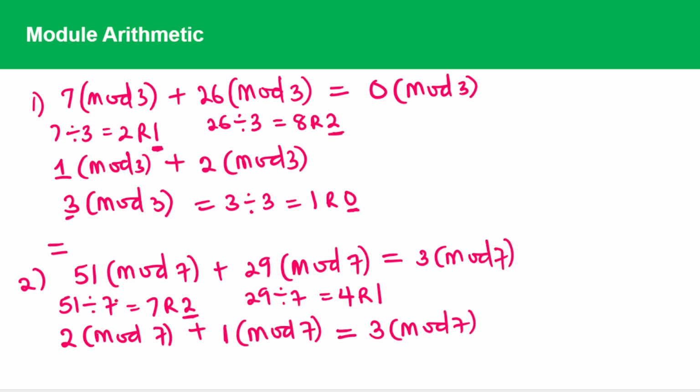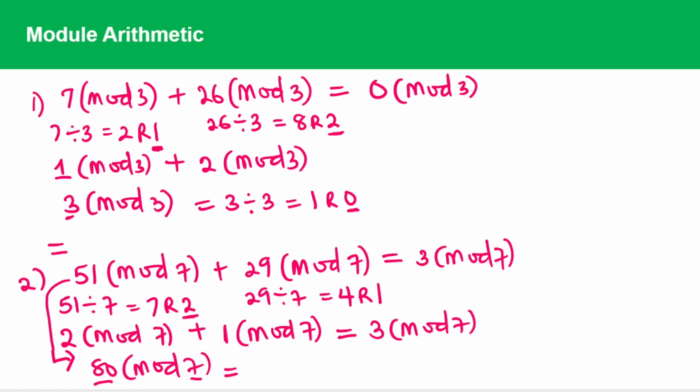Now, like I said earlier, you can choose to add the two numbers directly and then simplify. So if we choose to do it that way, we'll have 51 plus 29, that will give us 80. So 51 mod 7 plus 29 mod 7 will give us 80 mod 7. Now if you see, the number here is greater than our mod, therefore we have to simplify further.